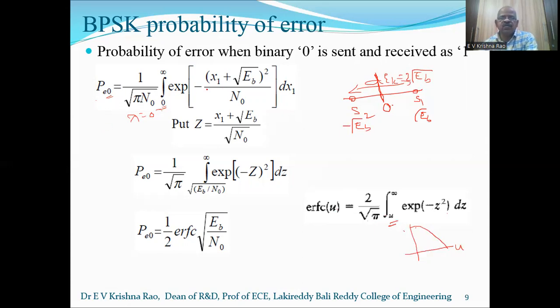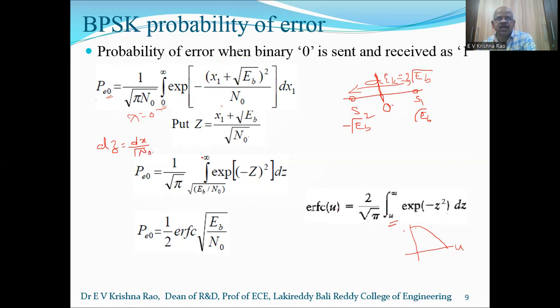So we substitute z as (x plus root EB) by root N naught, so that z square appears in the exponent. Then dz is dx by root N naught.